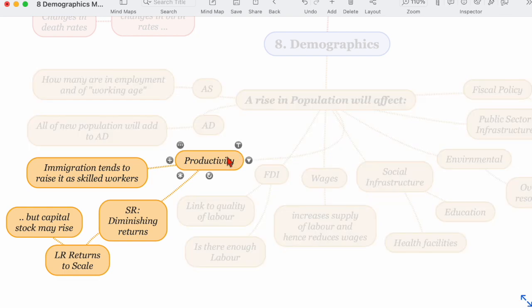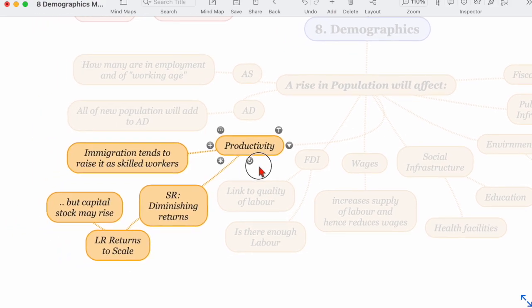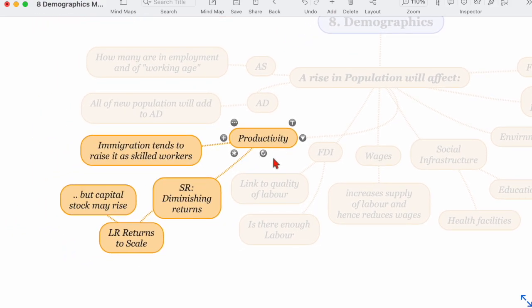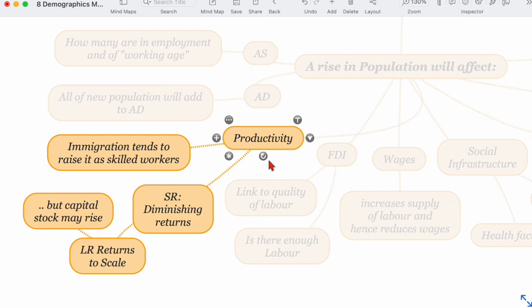And productivity has been one that people have questioned over time about economic development. And what they argue is that as you get an increase in the population, then in the short run, certainly diminishing returns set in, and maybe in the long run you get diminishing returns to scale as well.